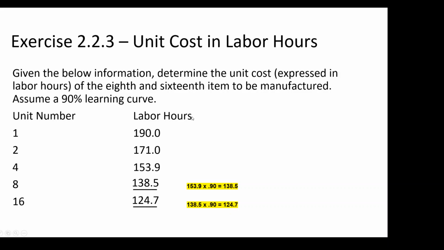So you may be asked to calculate how many labor hours it will take to create the 16th unit, so you have to go through each one of those. The learning curve percentage is given in this exercise, 90%, and that's 90% from each level.